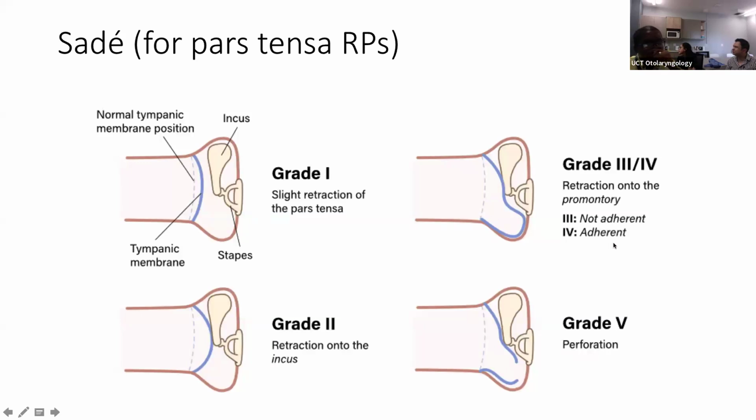And then grade 4 is when it is onto the promontory but is adherent. So that's where we'll have the atelectatic and then the adhesive type of retraction pockets. Then the grade 5 is where you have a perforation in the tympanic membrane.